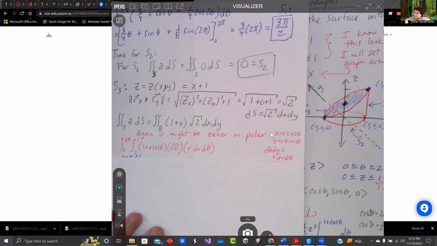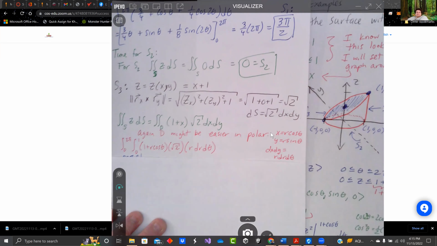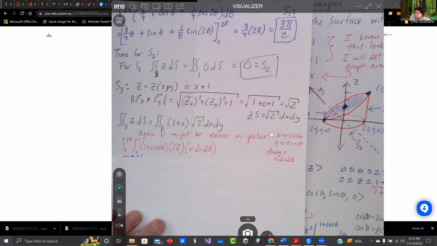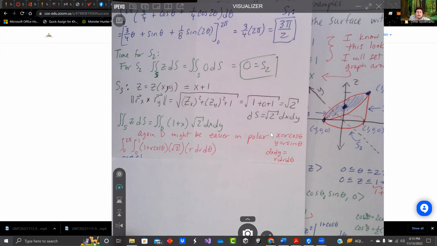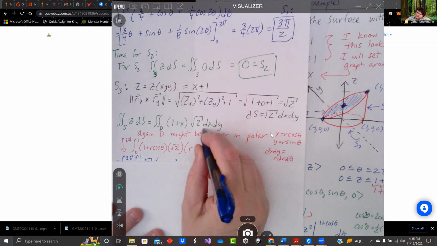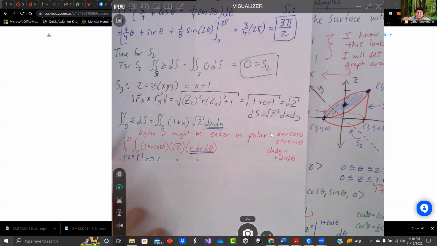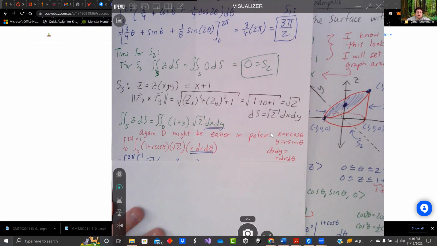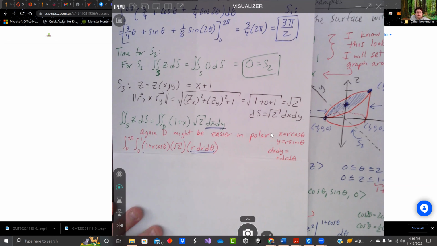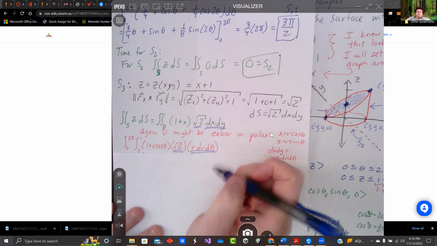It's the whole surface now, so r is not constant. So polar is going to be r dr d theta. That is switching dx dy over to dr and d theta. We know that conversion already. We don't need to do this again. And so our limits of integration will be 0 to 2 pi for theta, 0 to 1 for r. And we still have our root 2, that this is dealing with the z.